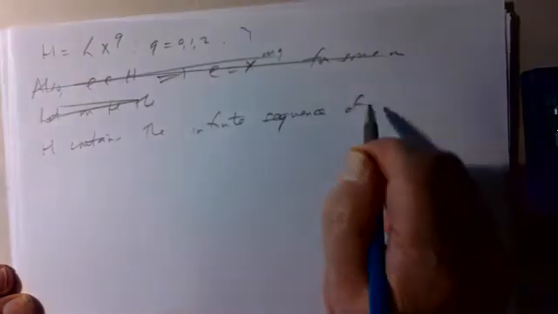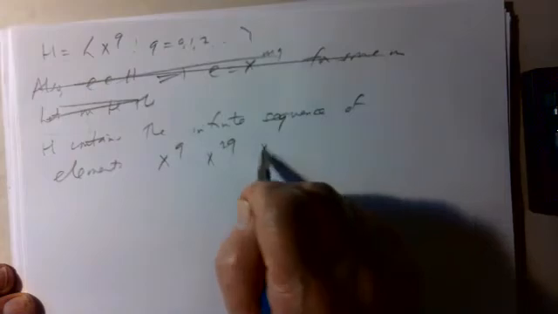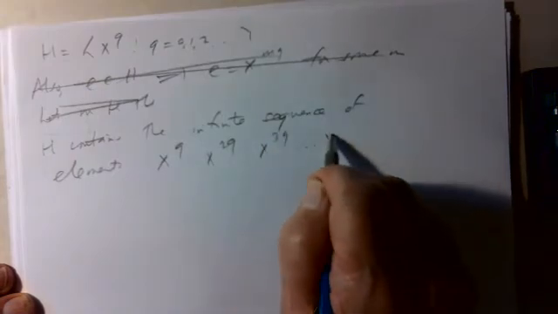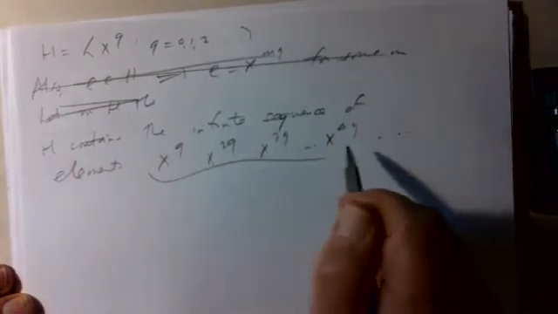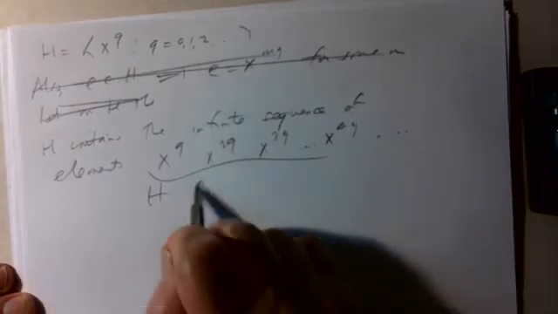So H contains the infinite sequence of elements x to the q, x to the 2q, x to the 3q, x to the 4q, and so forth. But H is a finite set.